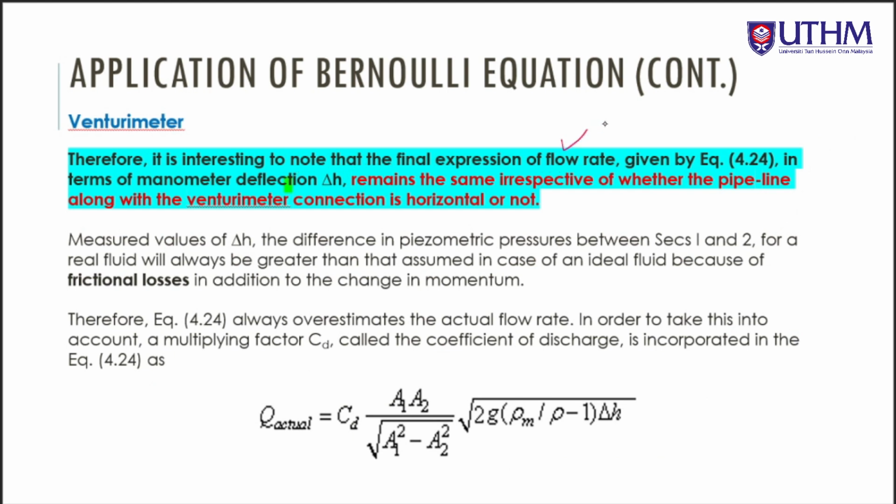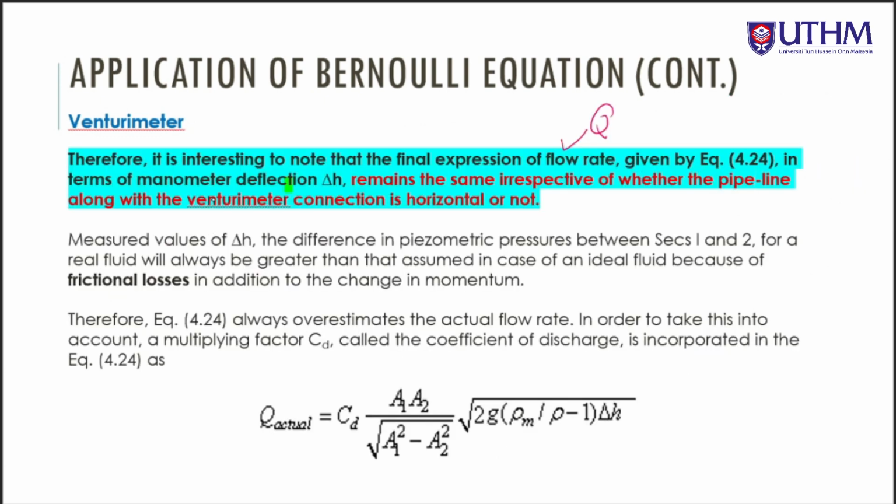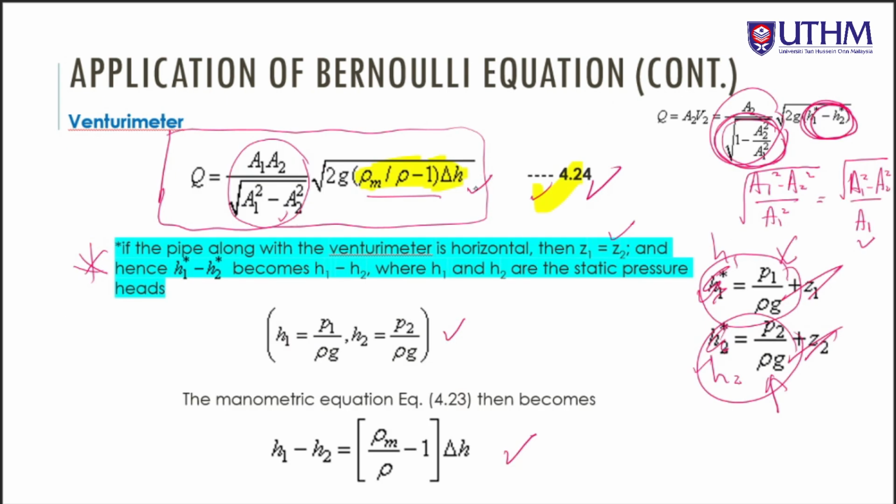Okay. So apa yang nak diterangkan kat sini adalah it is interesting to note that the final expression of flow rate yang kita dapat tadi tu given by equation 4.24, which is this one, in terms of manometer deflection delta H remains the same irrespective of whether the pipeline along the venturimeter connection is horizontal or not. Okay, so means that kita boleh je guna equation ni if let's say venturimeter tu position macam mana pun tak apa.